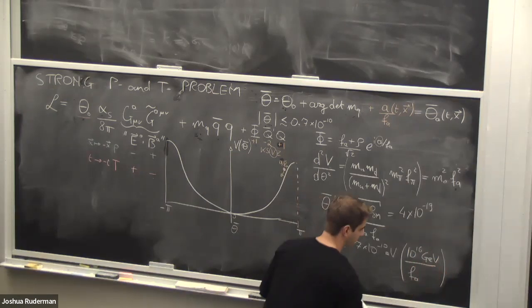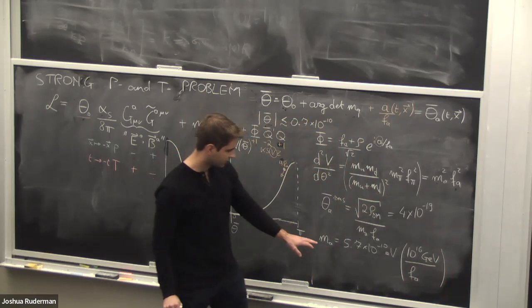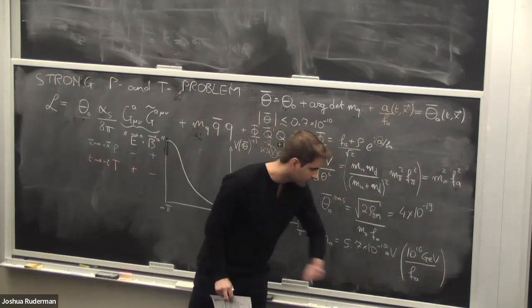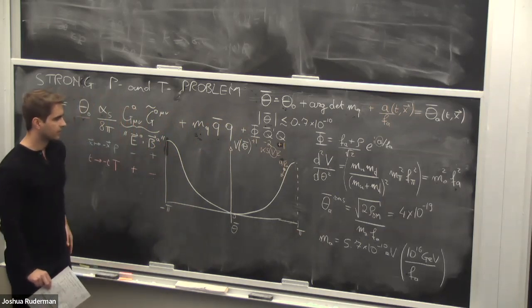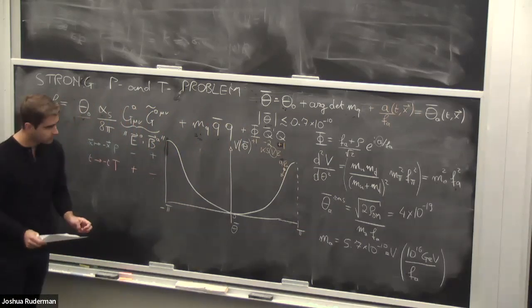So a few orders of magnitude below the Planck scale. And it has this inverse relation, right? So the higher this decay constant, the lighter the axion, and also the more weakly coupled it is.